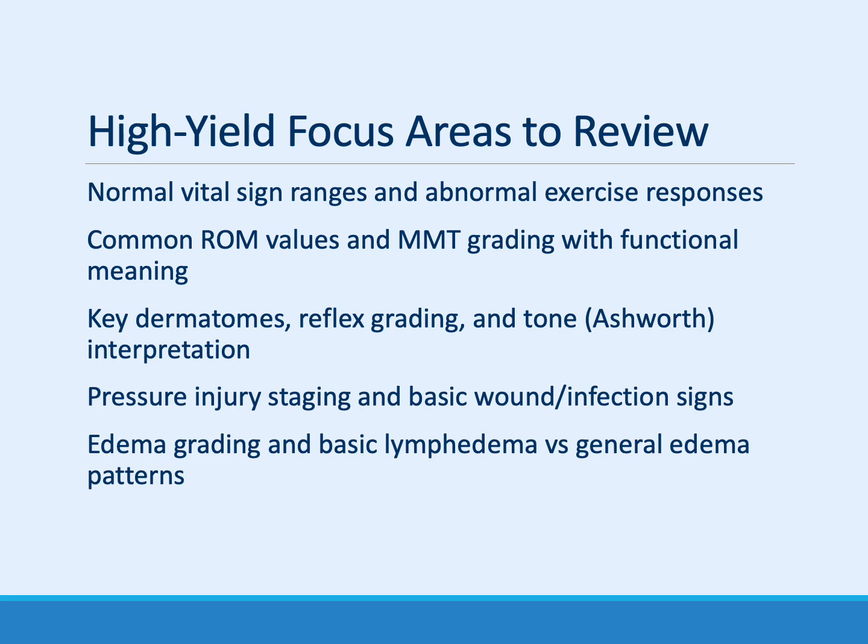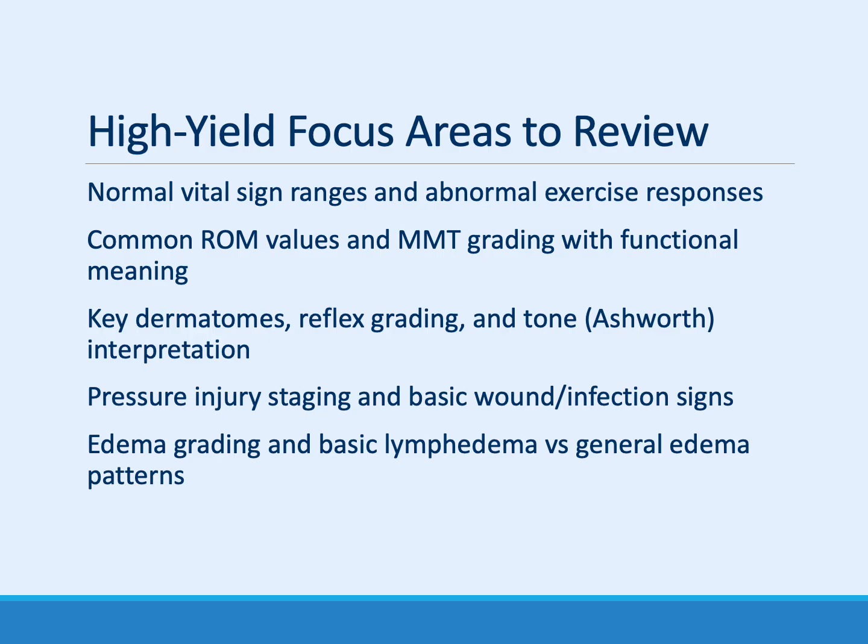So high yield focus areas to review, just kind of a checklist to make sure that you focused on this information. If nothing else for data collection, you have gone over this to help support you for licensure.